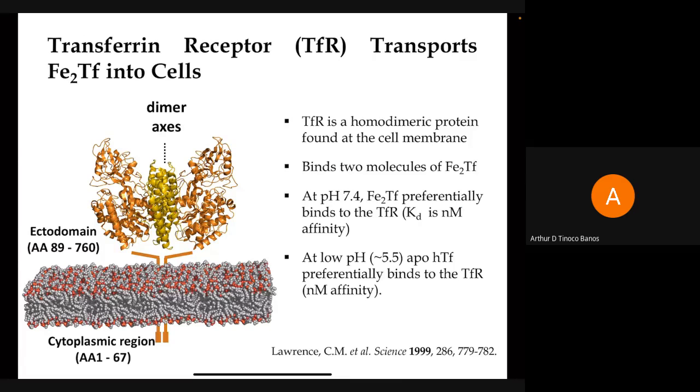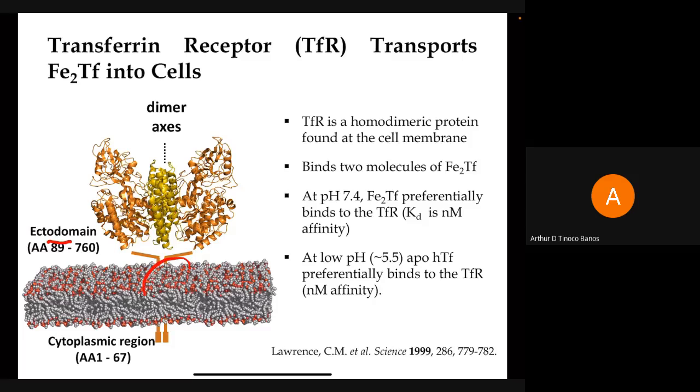So here is a visual of the transferrin receptor. This is a transmembrane protein, so it has different compartments: the ectodomain, the transmembrane component, and the cytoplasmic region. This receptor is homodimeric, it's found at the cell membrane, and it binds a maximum of 2 molecules of iron transferrin.